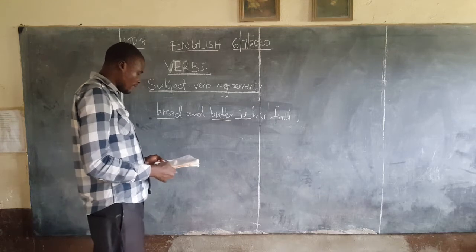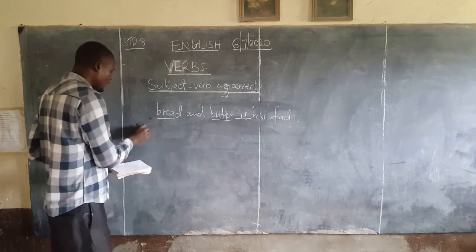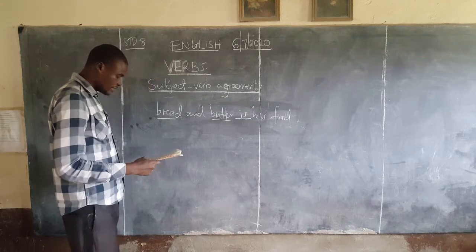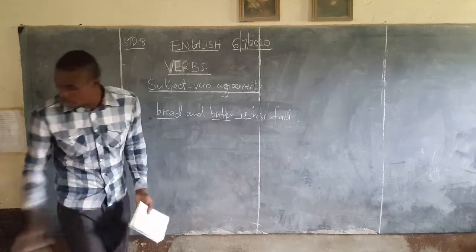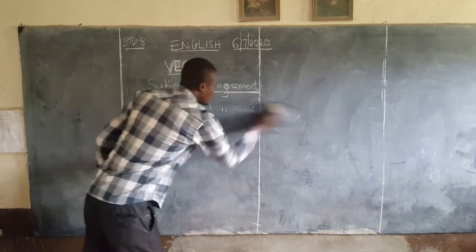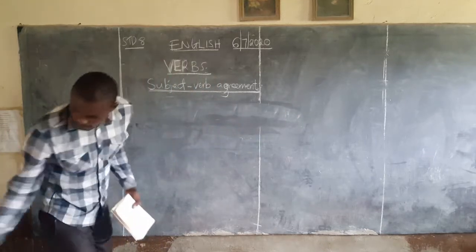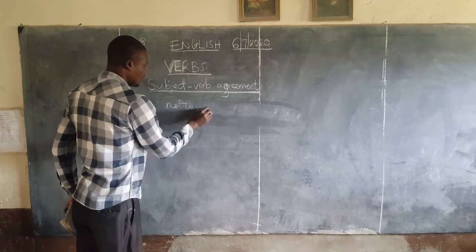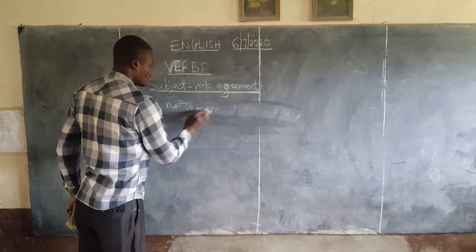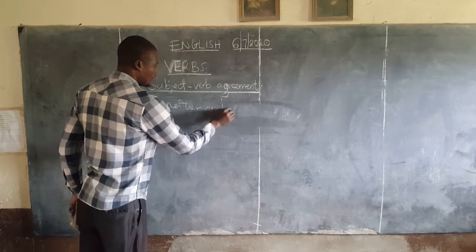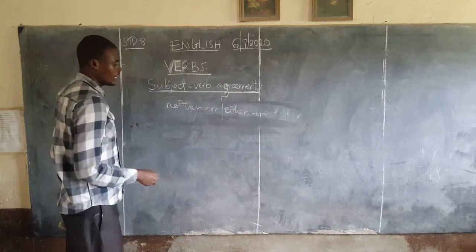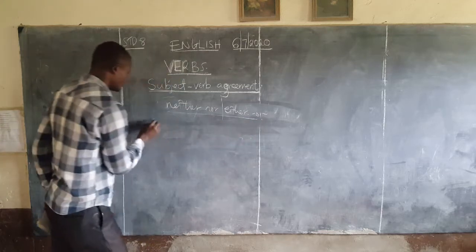So we also use a singular verb at that level when we are talking about one thing. And then our next category is when singular subjects are joined with either...or or neither...nor. This one is a common one. Let's give an example.